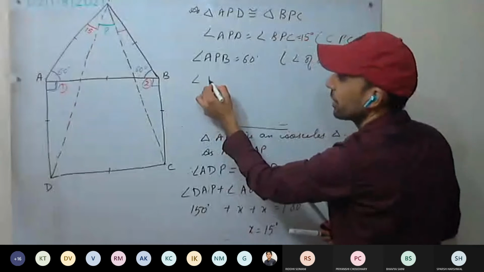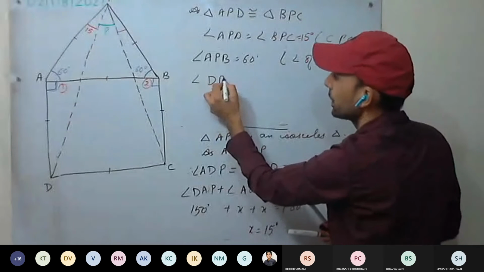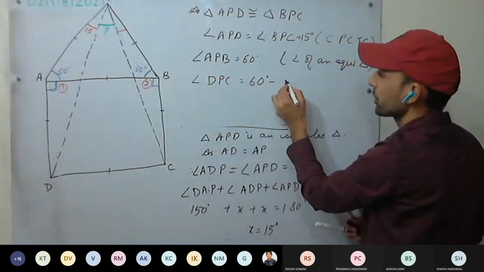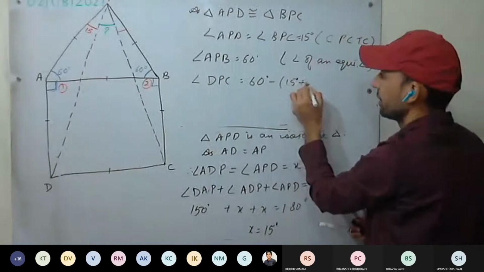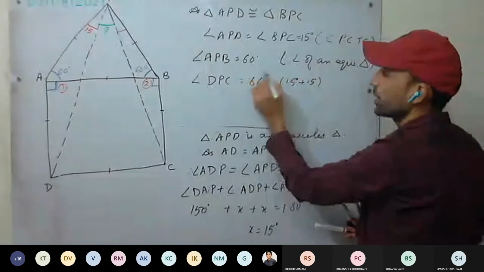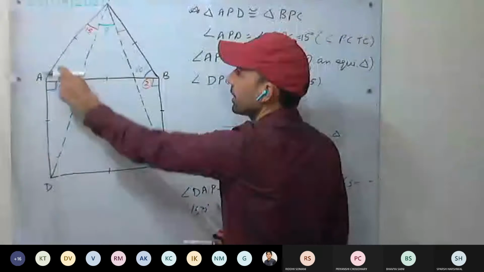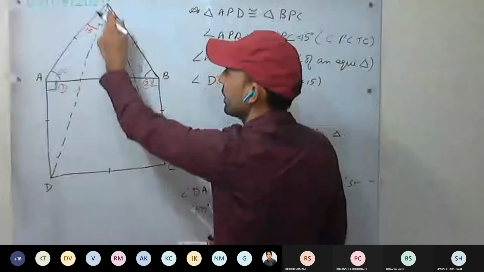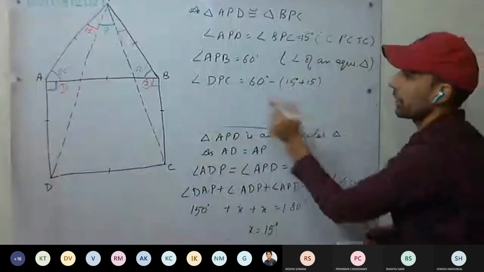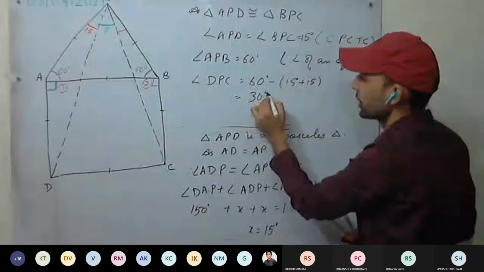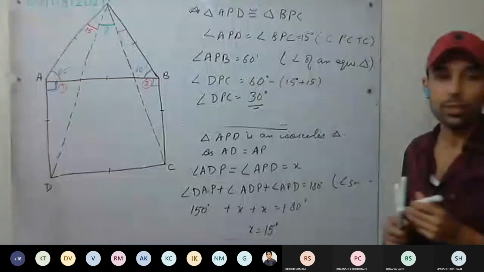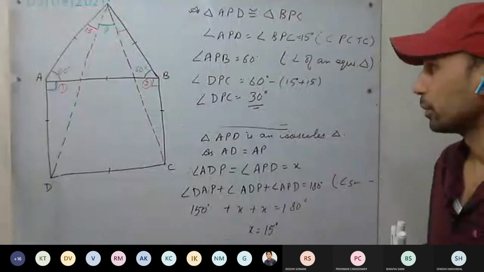So angle DPC equals 60 minus 15 minus 15. Here you can write angle DPC equals angle APB minus this and minus this. This equals how much? 30 degrees, angle DPC.